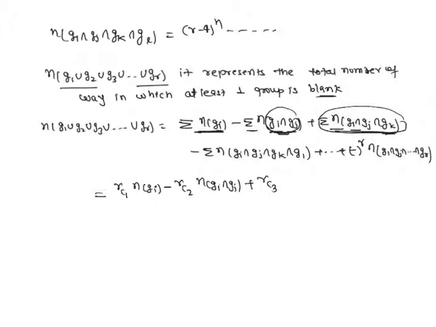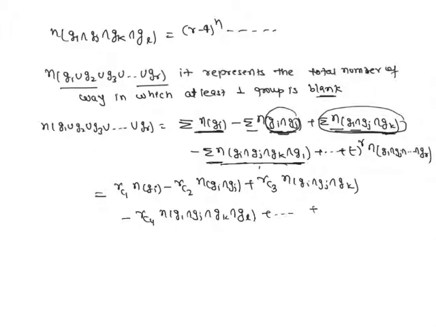That is rC3 n(Gi ∩ Gj ∩ Gk), minus Σn(Gi ∩ Gj ∩ Gk ∩ Gl). Here we have to make four combinations of r groups, that is rC4 into n(Gi ∩ Gj ∩ Gk ∩ Gl), plus ..., plus (−1)^r, then only one combination will be there for all the r groups, so this will become n(G1 ∩ Gj ∩ Gk ∩ ... ∩ Gr).